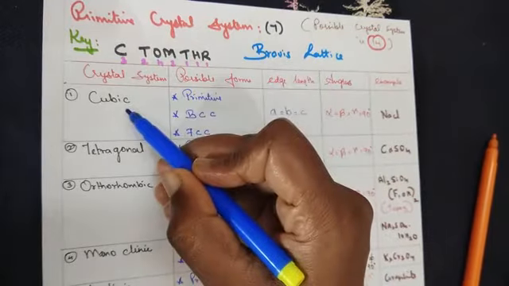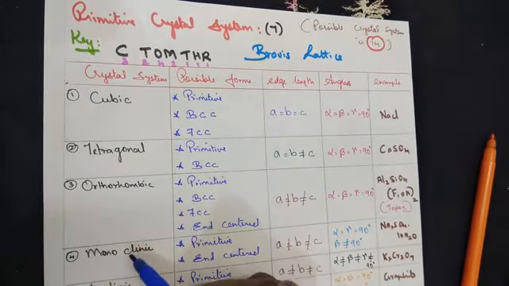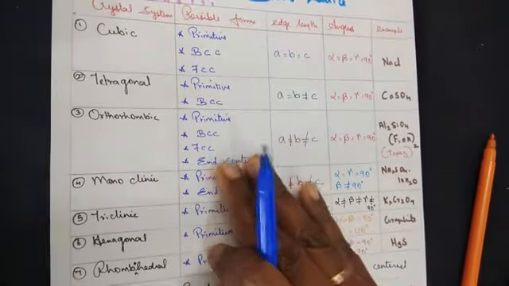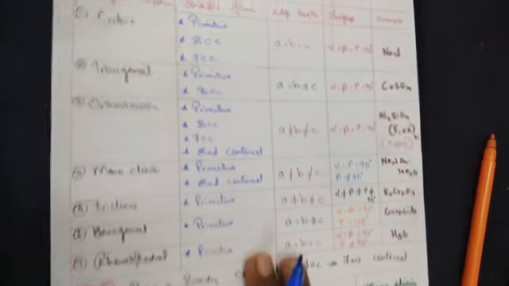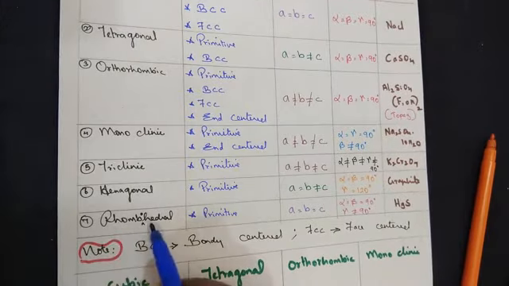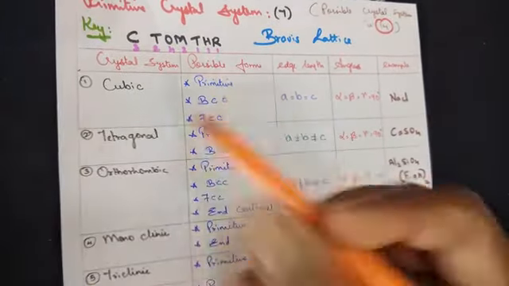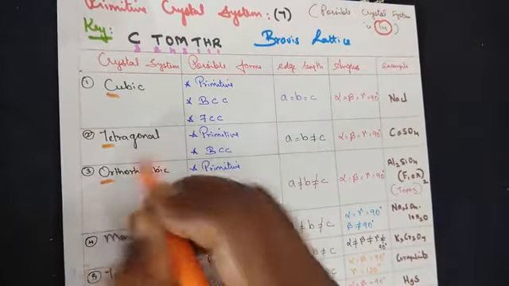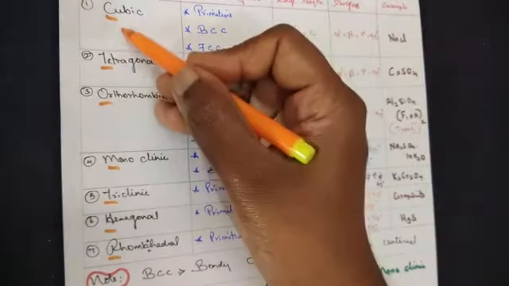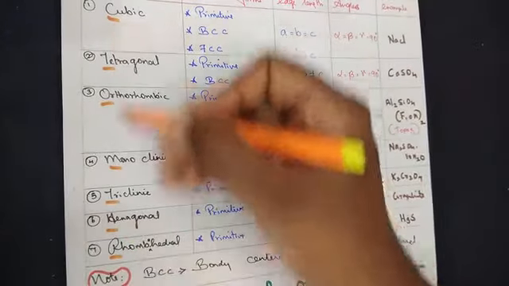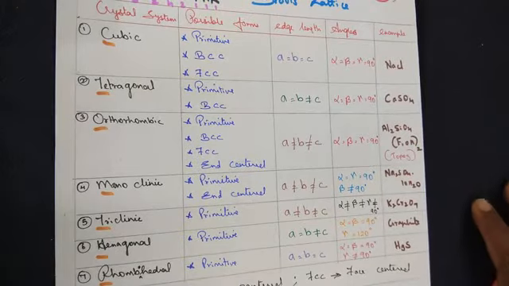C stands for cubic, T for tetragonal, O for orthorhombic, M for monoclinic, T for triclinic, H for hexagonal, and the 7th type is rhombohedral. So if you look at the first letter of every term: C, T, O, M, T, H, R. C Tom there. If you remember this funny trick, you will be able to remember the whole list easily.